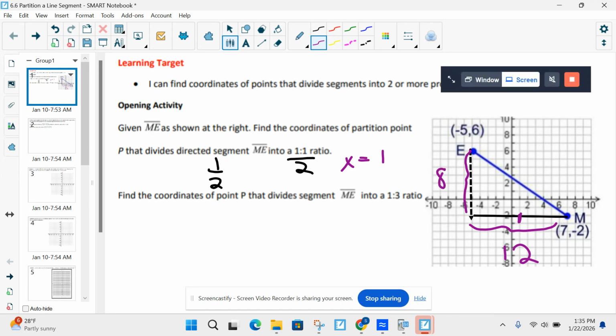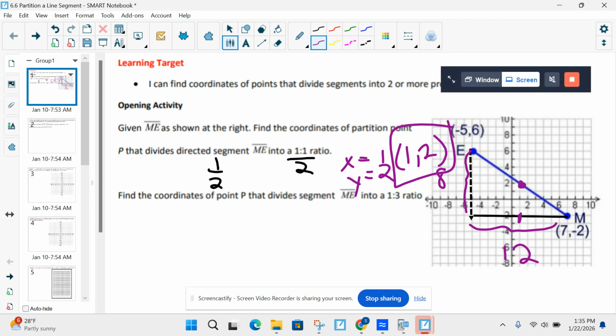And what is 1/2 of 8? 4. So my y coordinate then would be up 4 units from point M. So 1, 2, 3, 4. And right there at +2. So y equals 2. And the coordinate is (1, 2).